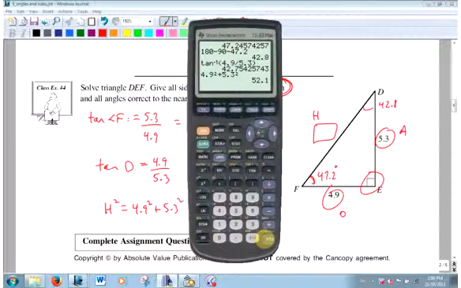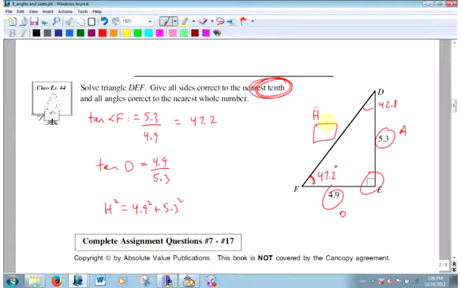How do I get H? Take the square root. That looks more like it matches my picture, right? 5.3, 4.9. Does that look like 52? I hope not, but some of you guys will write that down as an answer and go, yep, I'm happy. On to the next question. Okay, 7.2.